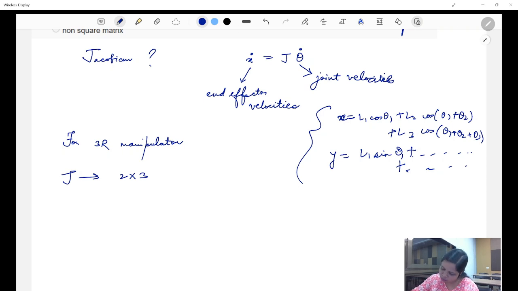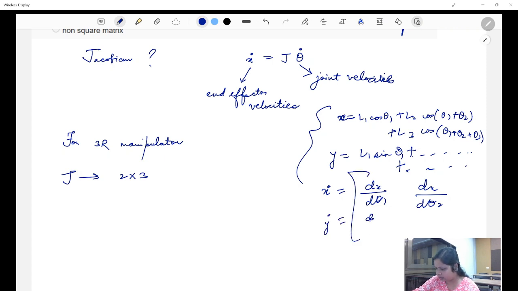So why it is 2 by 3? Whenever you want to take out dx by dt, or I'll directly write x dot, then you differentiate dx by d theta 1, then dx by d theta 2, then y dot is equal to, or we can write this as a matrix.